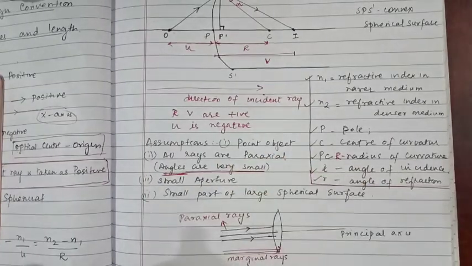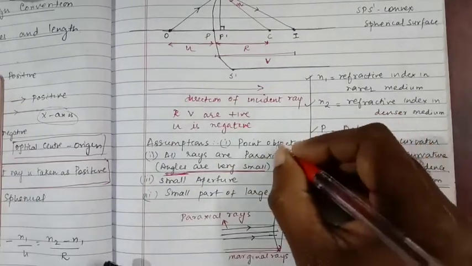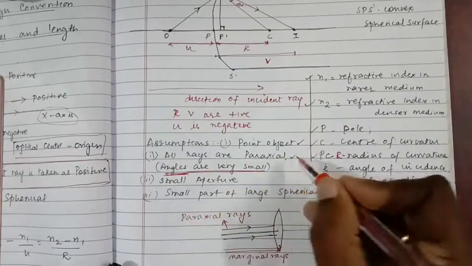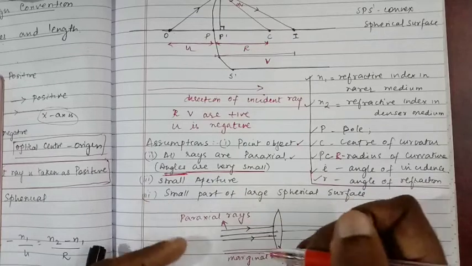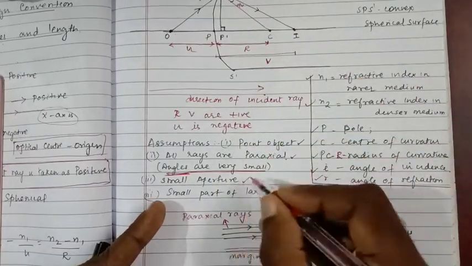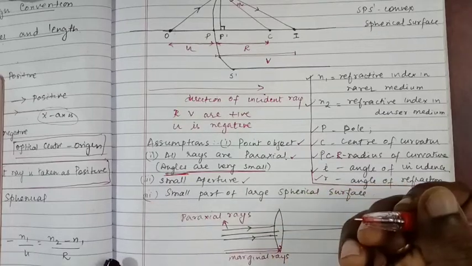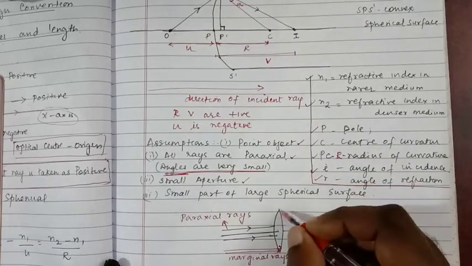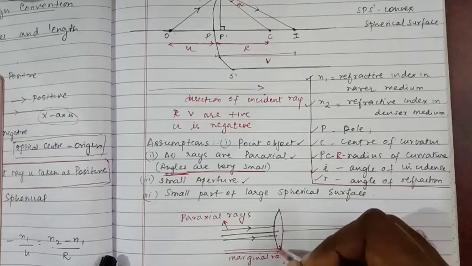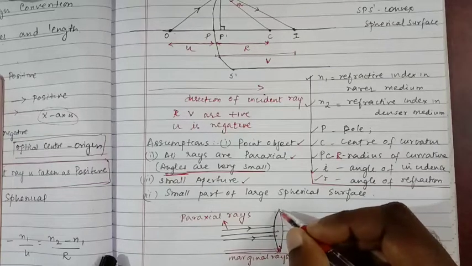So the first assumption is a point object. The second assumption is that all rays are paraxial. The third is that a lens of small aperture is taken. What is an aperture? This is the effective diameter of the refracting surface.